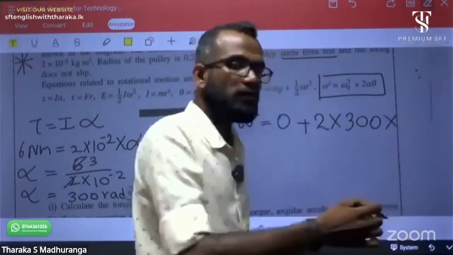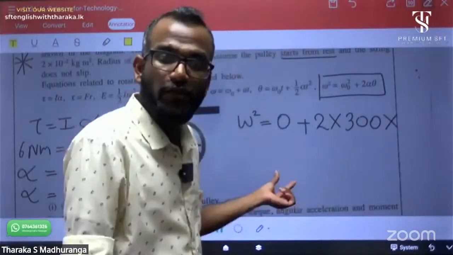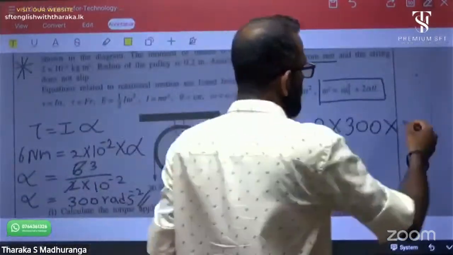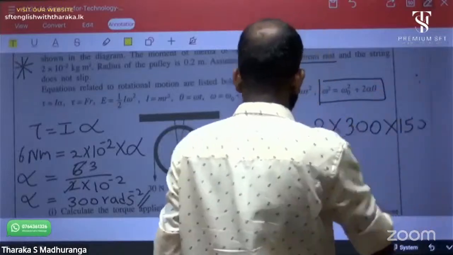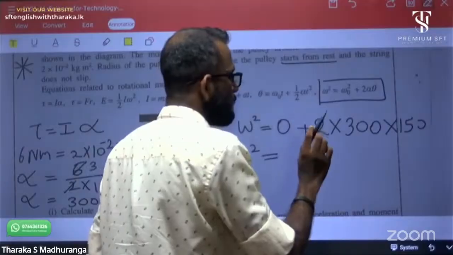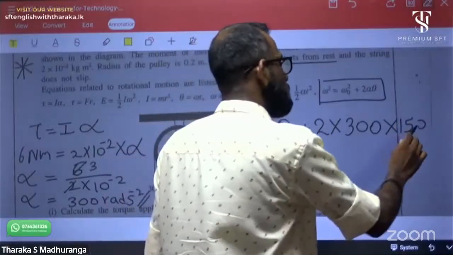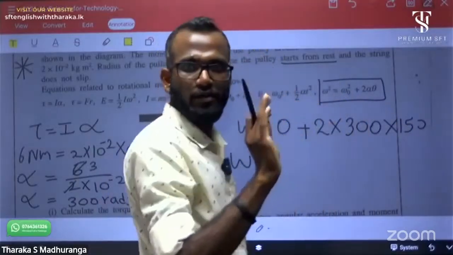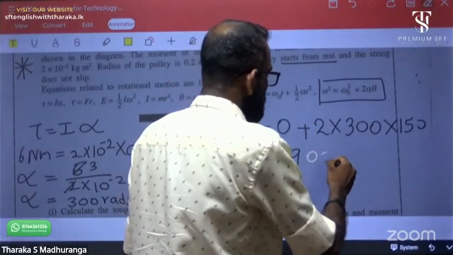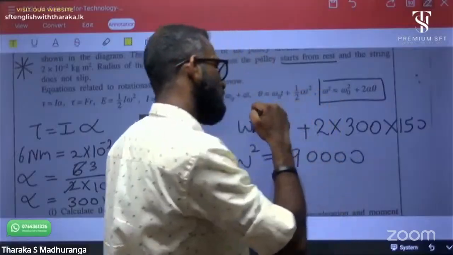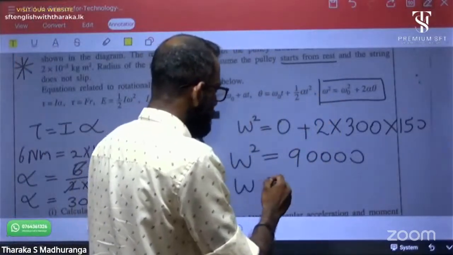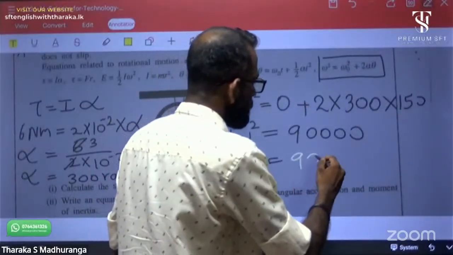Theta, within 25 revolutions, is 150. Then omega squared equals, very careful, 2 into 150, 300, 300 into 300, 90,000. Now omega equals the square root of 90,000.